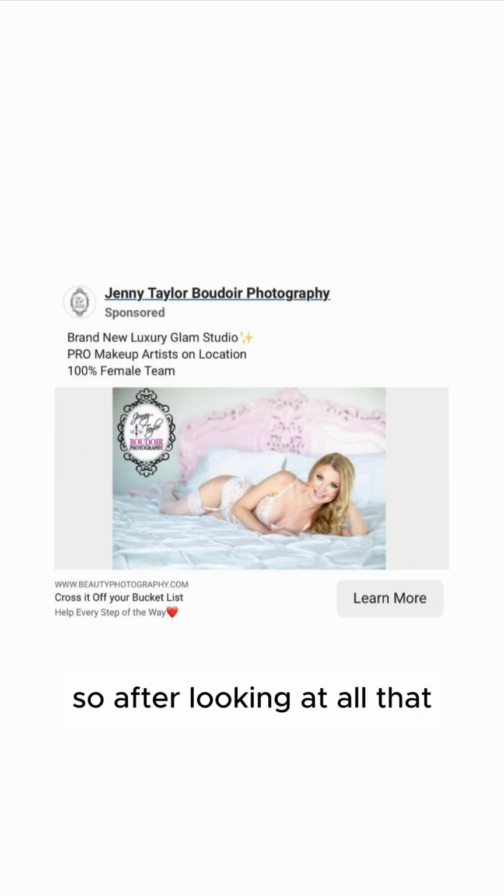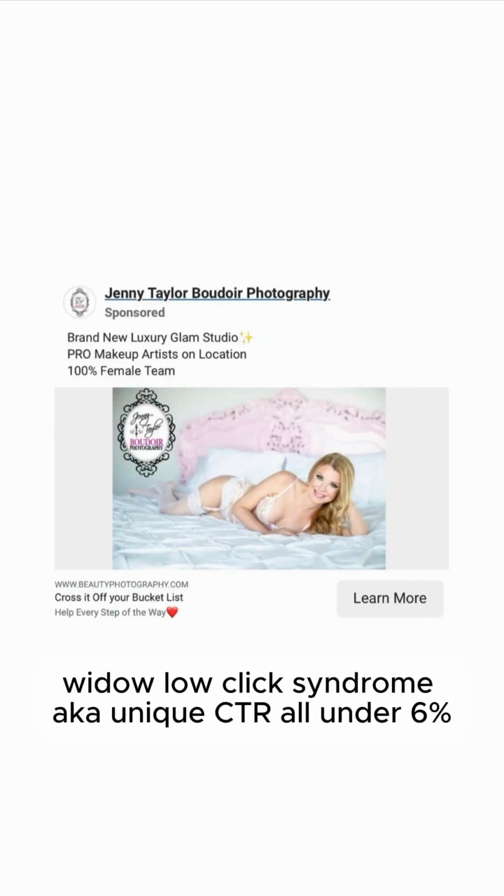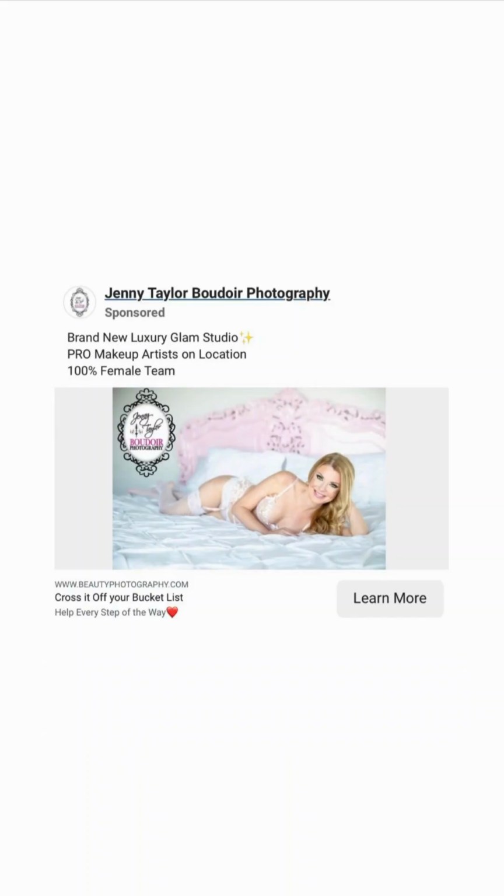So after looking at all that, do I believe this Boudoir Facebook ad has Boudoir low click syndrome, aka unique CTR under 6%? My diagnosis is yes.